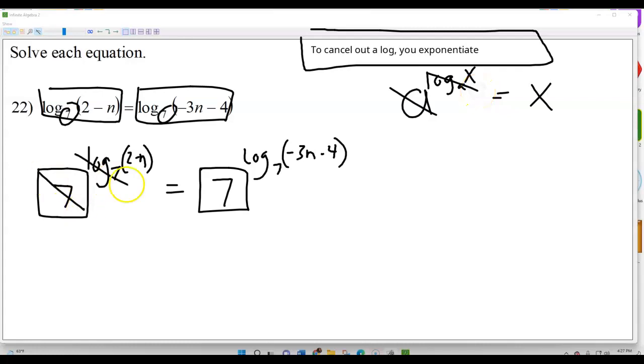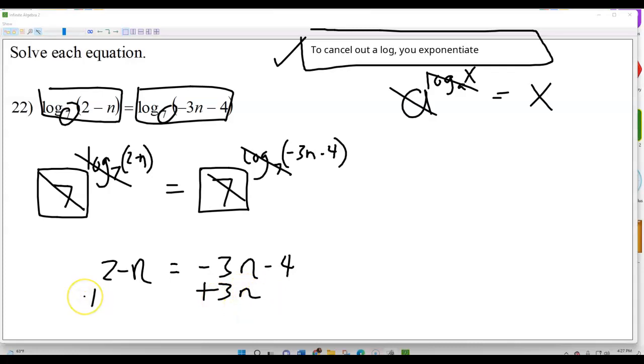Okay, so the 7 and the log 7 cancel each other out, and they leave us with 2 minus n. And the 7 and the log 7 cancel over here and leave us with -3n minus 4. And all we have to do at that point is solve what's left. So the main step when solving log equations is to cancel out the log by exponentiation. After that, it should come out pretty nicely.